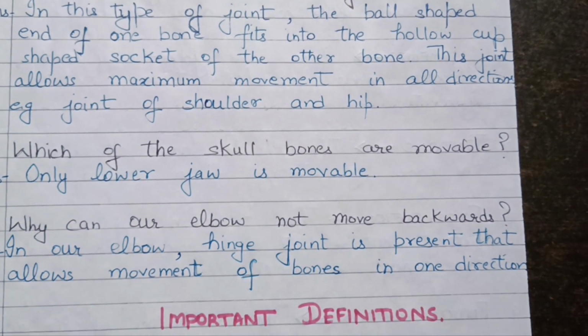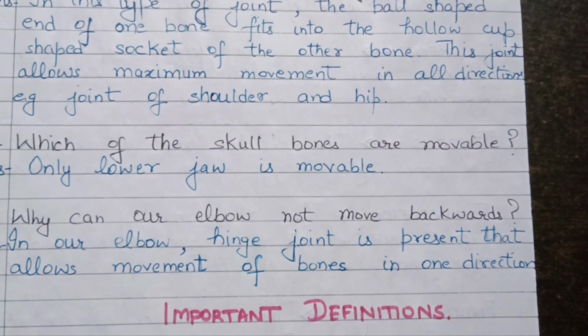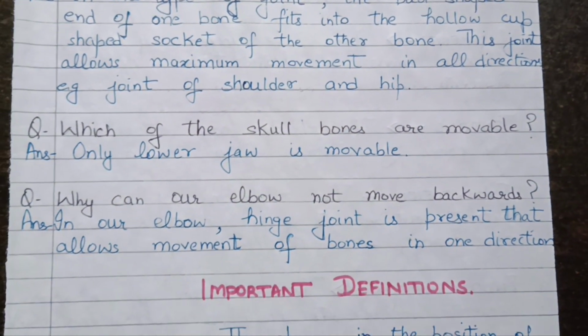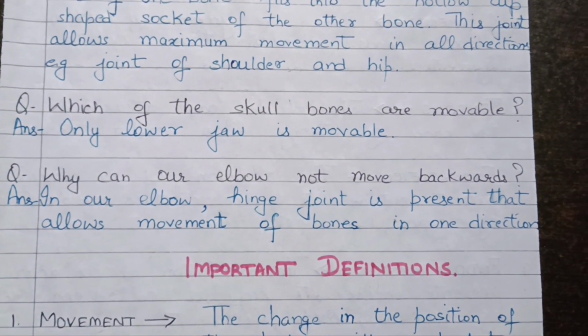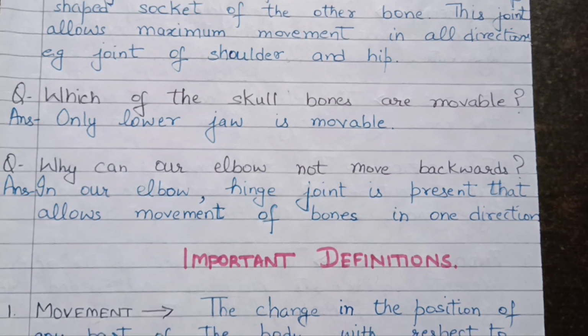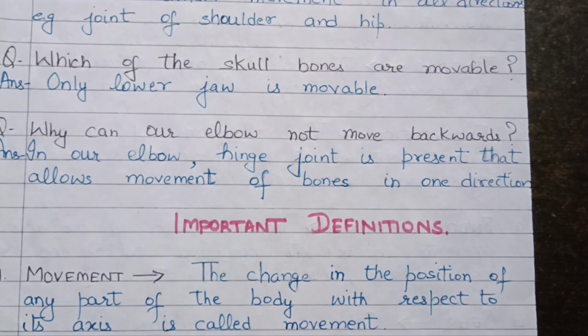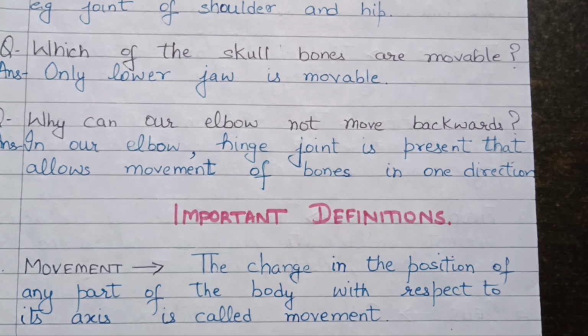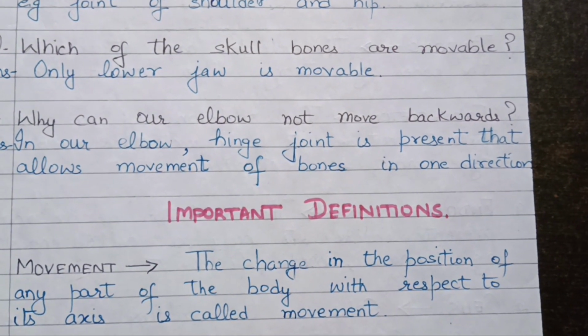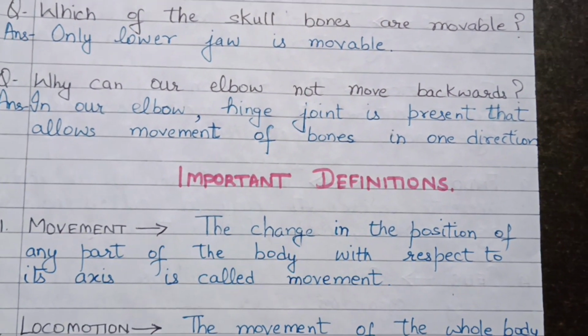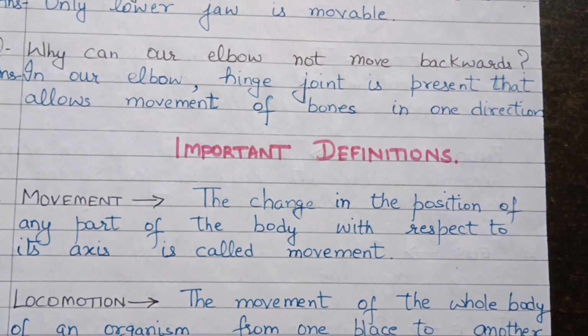Now we'll do some important definitions. First definition is movement. The change in the position of any part of the body with respect to its axis is called movement. Next, locomotion.